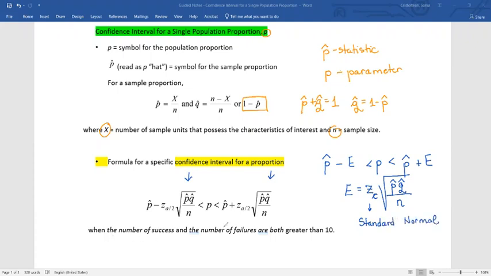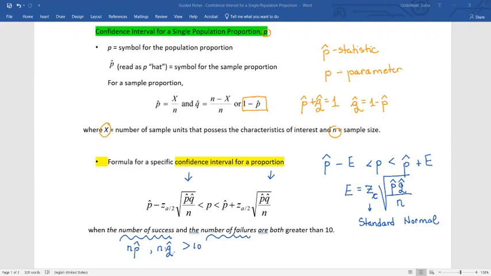In order to be able to use this formula, though, we want to make sure that the number of successes and the number of failures are both greater than 10, which means N times P hat, because that will be the number of successes, and N times Q hat, that will be the number of failures, are both greater than 10. Only in this situation are we able to use the formulas.